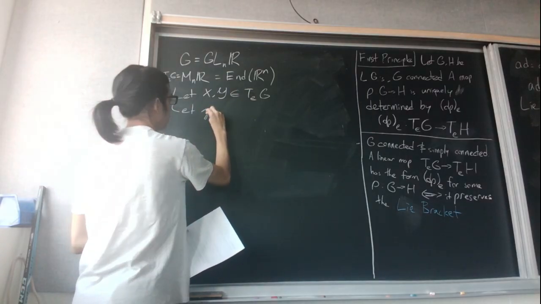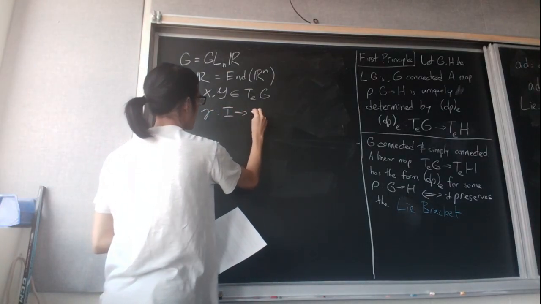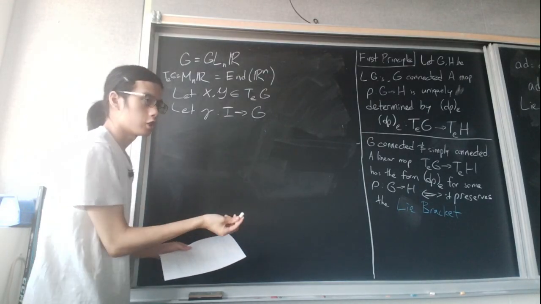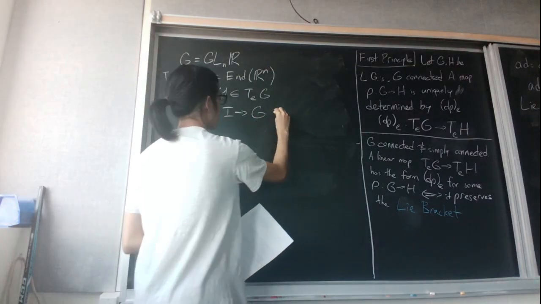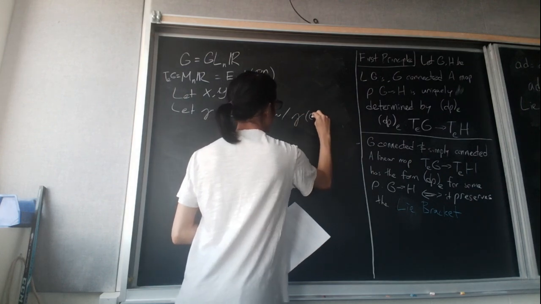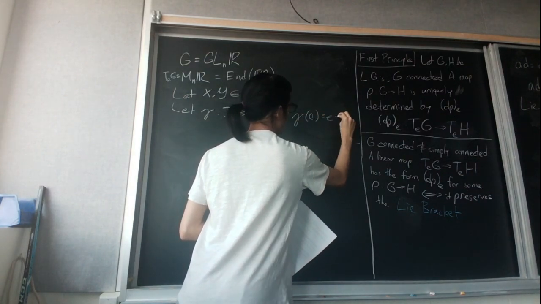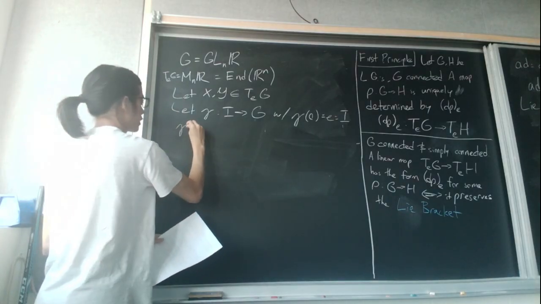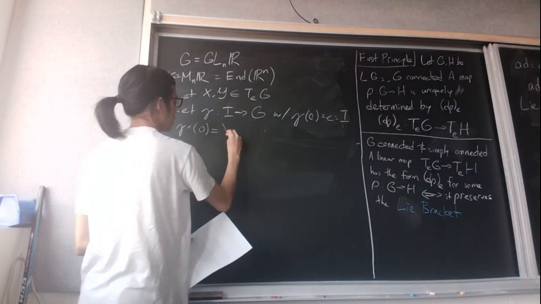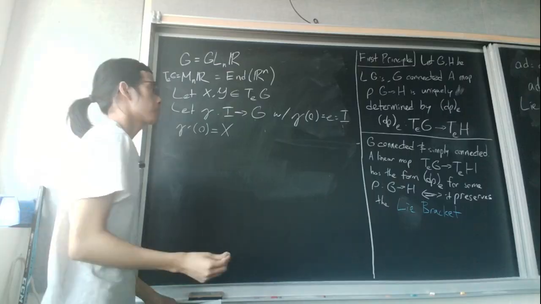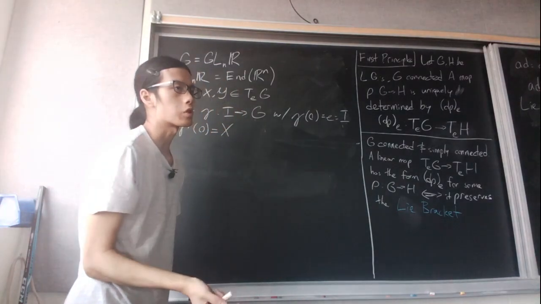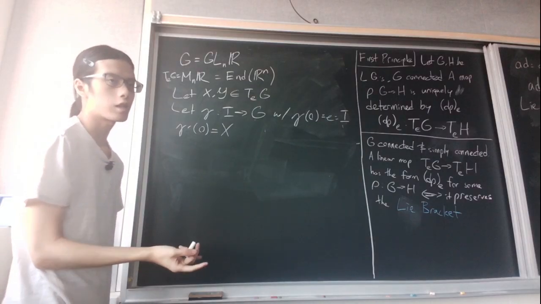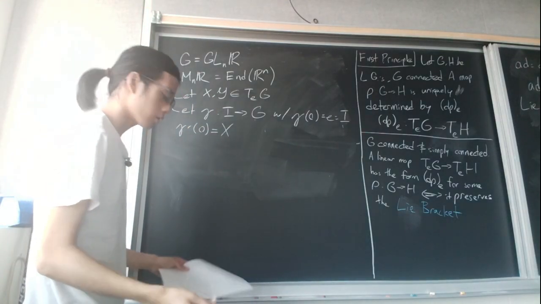Let gamma from the unit interval be a map from the unit interval to G, an arc in G, with gamma(0) equals e, the identity matrix, and tangent vector at the origin x. This is setting up the conditions we were using earlier. We're going to work at the identity, with a tangent vector that is one of the ones we started off with.